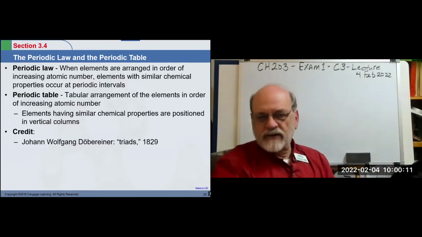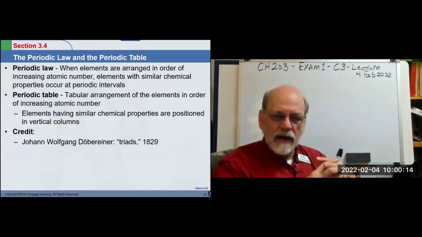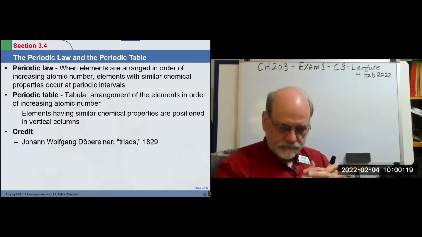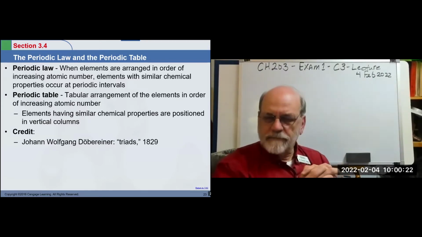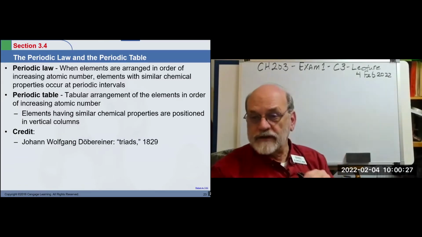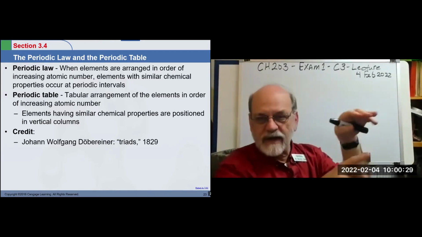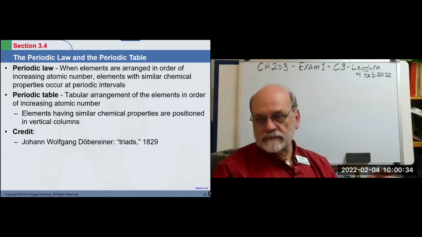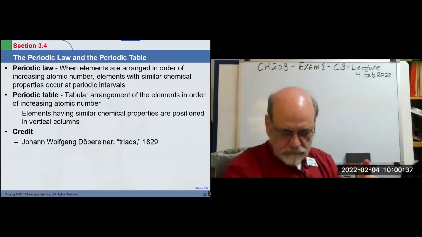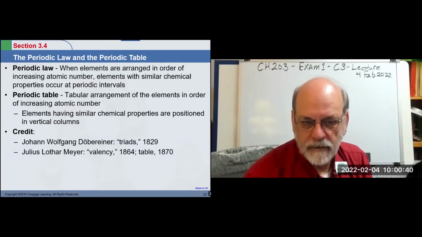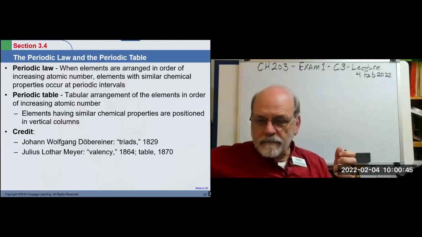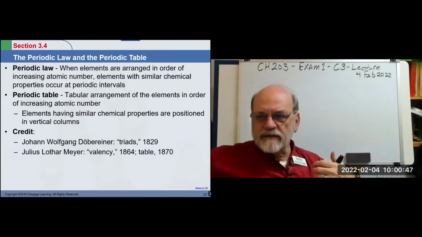But back to the development of the periodic table. This fellow Dobereiner, who was obviously a German, noticed similar behaviors of elements, and he grouped them into groups of threes. So these three elements behave alike, these three behave alike, call them triads. But that's as far as he went with it. Then another German, Meyer, developed the concept of valency.